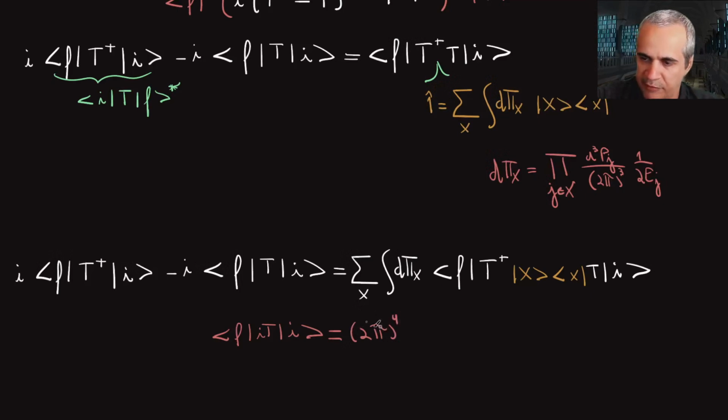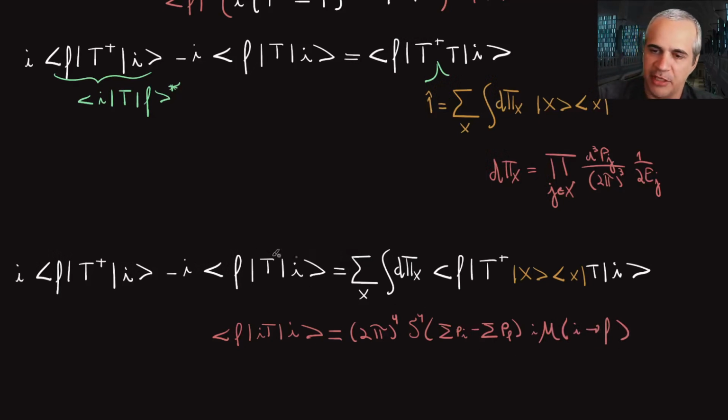There's a factor of 2 pi to the fourth, the delta 4 of the sum over initial and final momenta times, right, the actual matrix element that we use for cross-section. So I want to use that definition here, here, and in these two elements on the right.